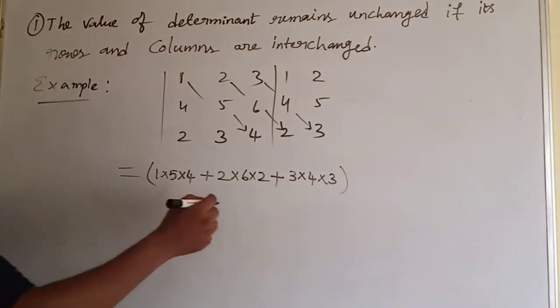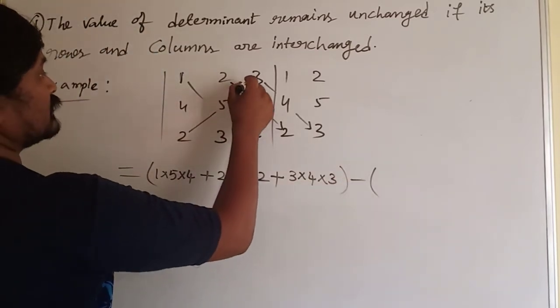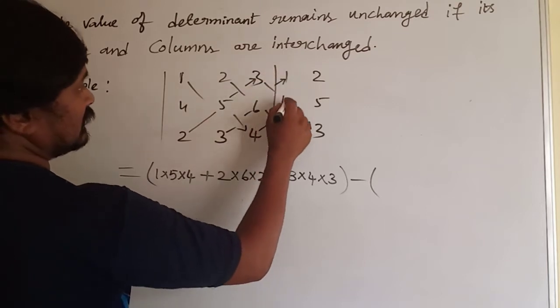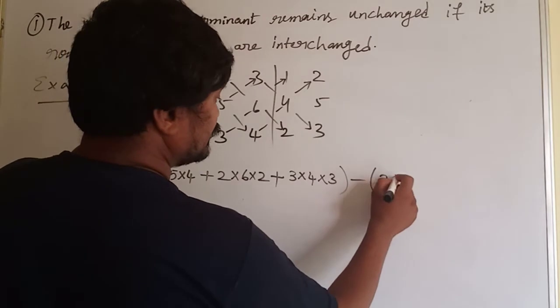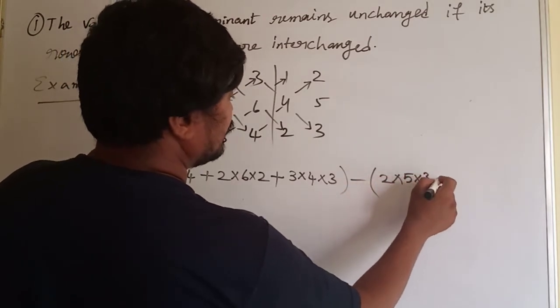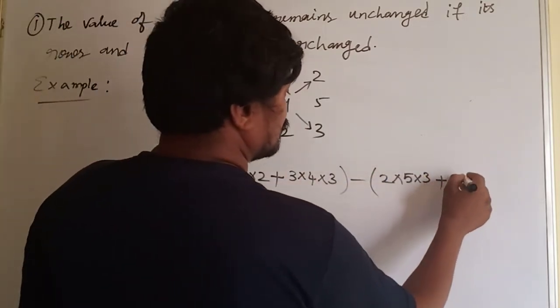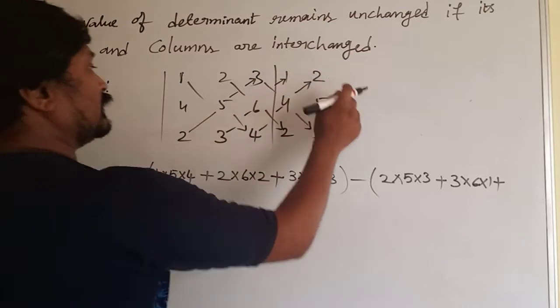Okay, so minus, what is the other one? 1, 2. This is the first diagonal, second diagonal, third diagonal. 2 into 5 into 3 plus 3 into 6 into 1 plus 4 into 4 into 2.